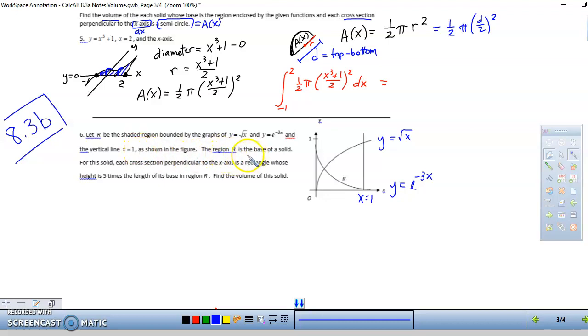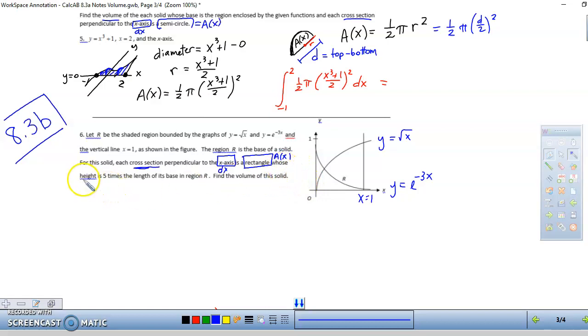So the region is the base of a solid. For this solid, the cross section is perpendicular to the x-axis. So again, if we have an x-axis, that's going to be dx. And the cross section is a rectangle, and that is going to be my A of x, or the area that we're going to use.